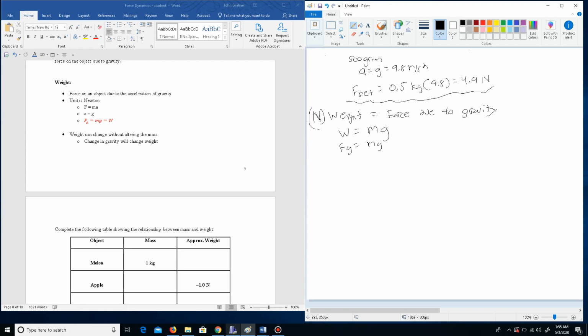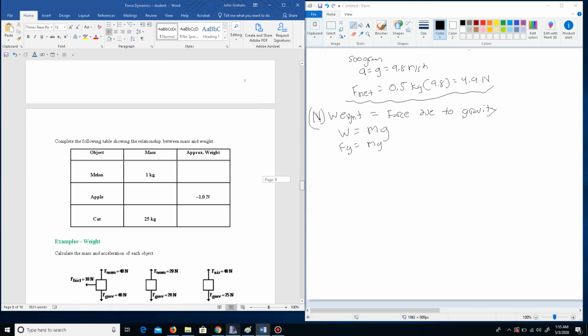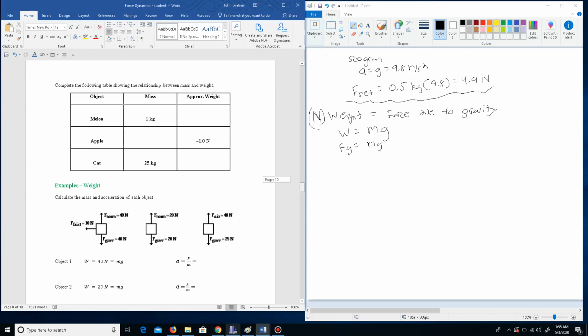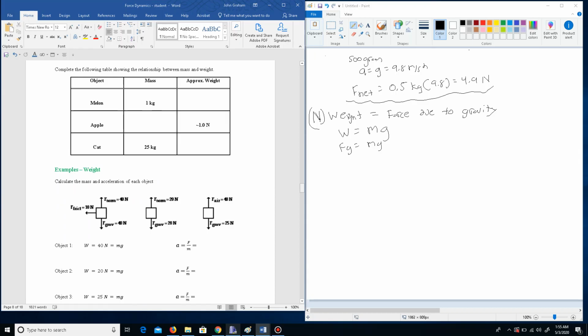You're always going to have the same mass as long as you stay the same size and don't exercise and all that. That's the only way to change your mass, exercising, or not exercising. But your weight can change if you go away from your gravitational force.